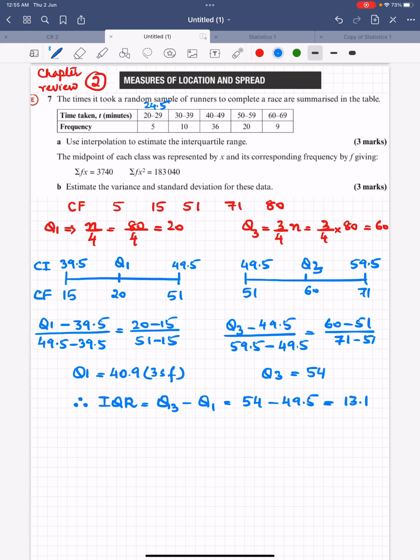So first let's find the variance, and variance is the mean of the squares minus the square of the mean. So we already have the sum of the squares here.